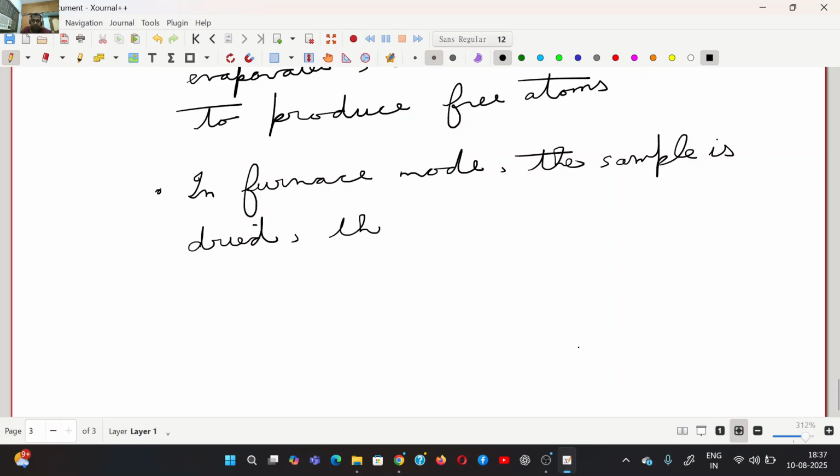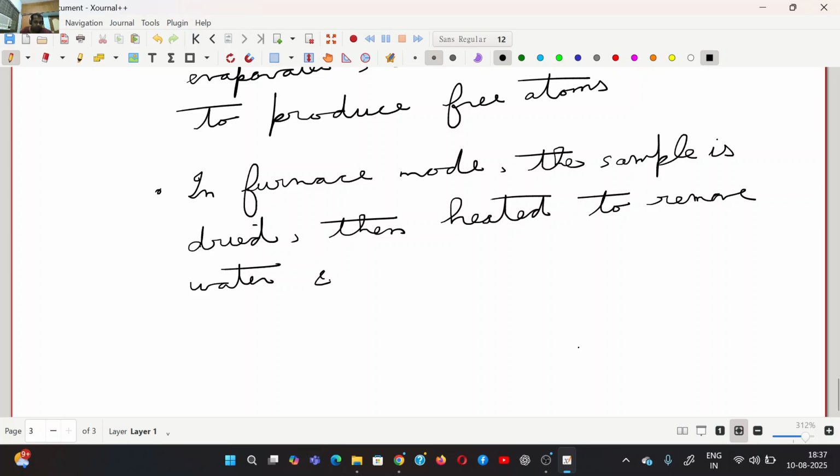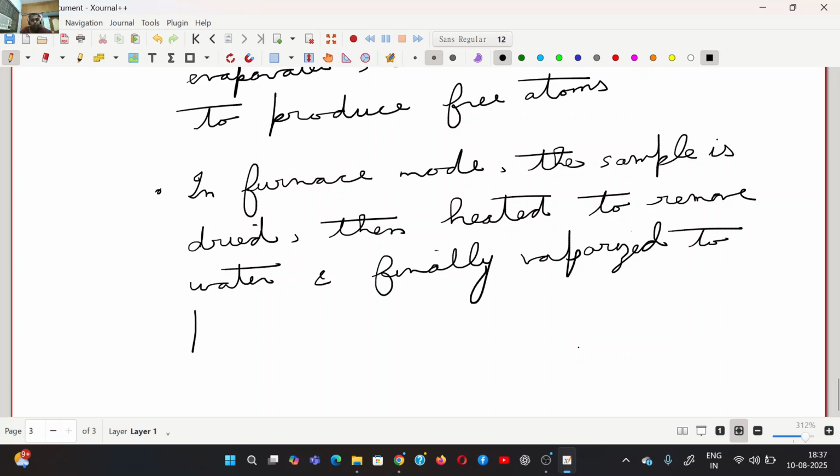The sample is dried, then heated to remove water. Finally, it is vaporized to produce free atoms.